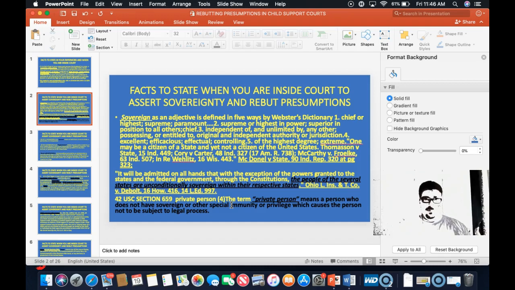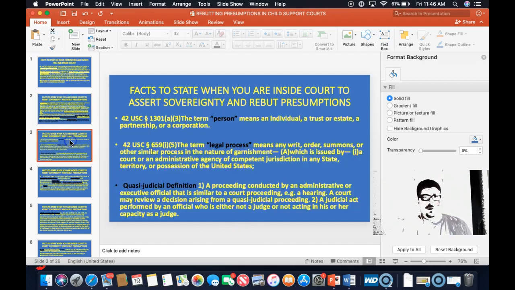So, let's move on. These are presumptions we're going to rebut. You're not going to be a person. Under 42 U.S.C. 1301, person means an individual, a trust, a state, a partnership, or a corporation.